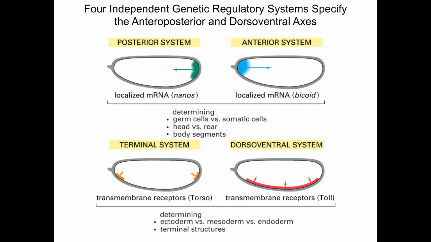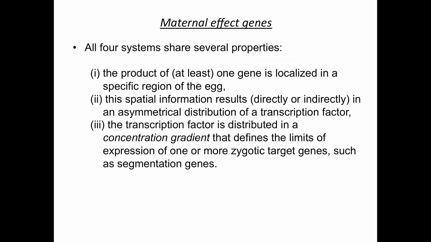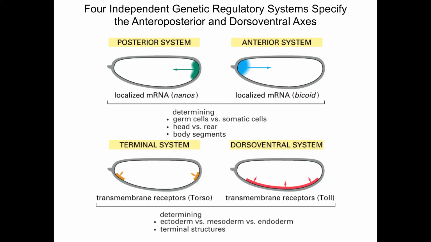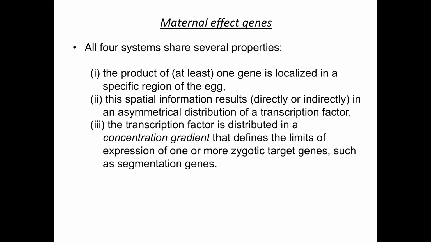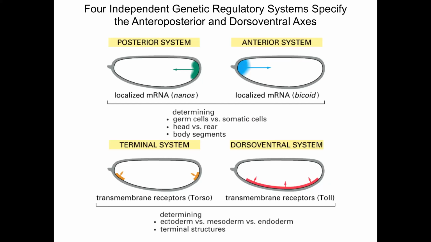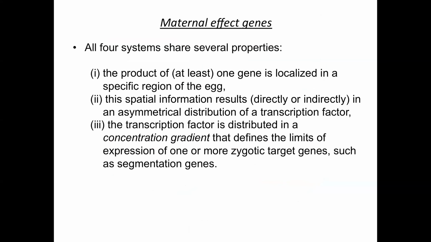So I talked about these four different systems. Now, what is common about the four different systems is, as I mentioned, that there is one asymmetrically localized component, correct? And that asymmetric localization itself results in a spatial coordinate.